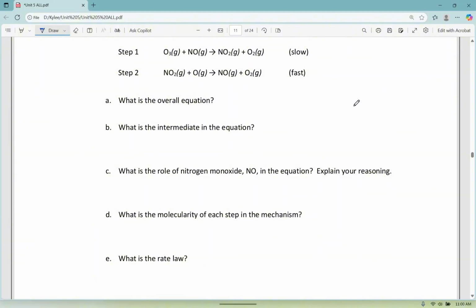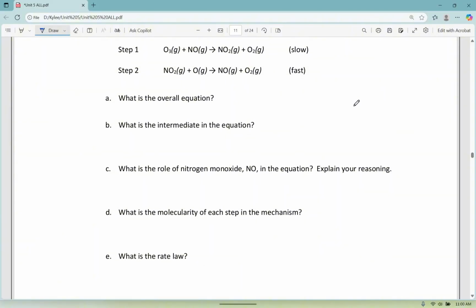So here we have 2 steps: ozone, which is the O3, plus NO, and that's going to create NO2 plus oxygen gas. That's listed as a slow step. And then in the second step of the mechanism, the NO2 that was produced is used up with the oxygen radical, to form NO and O2 gas.